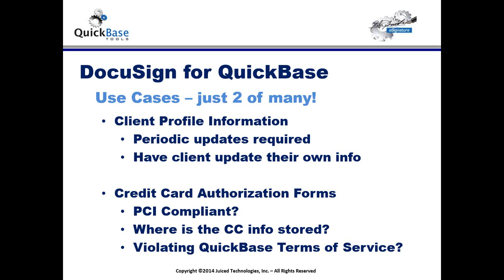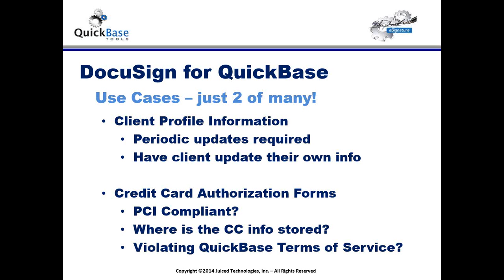So there are two use cases that we see, and I'm sure there's plenty more, but these are two of the ones that we've been working on and that we'd like to show you in this demonstration. The first is client profile information. You might have a lot of customers and you're storing client profile data in QuickBase, and you might periodically need to get updates from your customers.